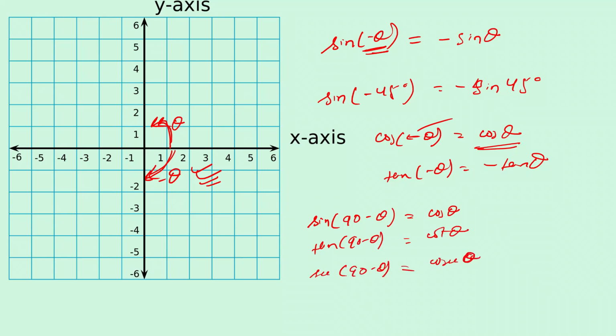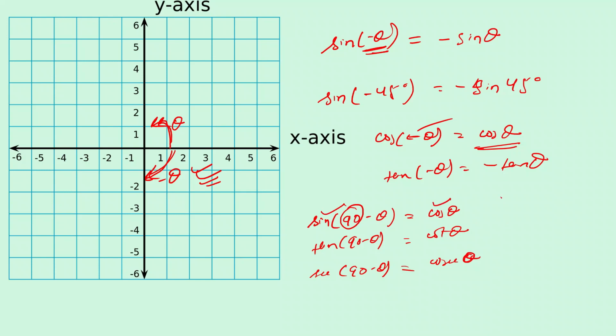These are the things you already know. So these results will still be valid, with some additional features as well. The feature you have to remember is that whenever this angle is an odd multiple of 90 degrees, it will change sine into cos. It will change sine into cos.